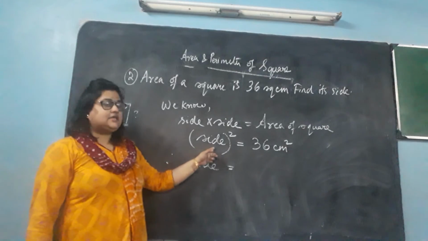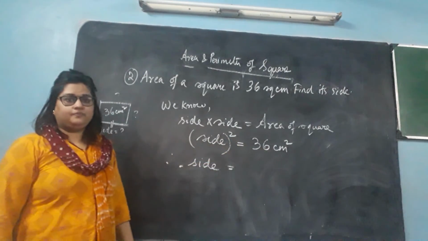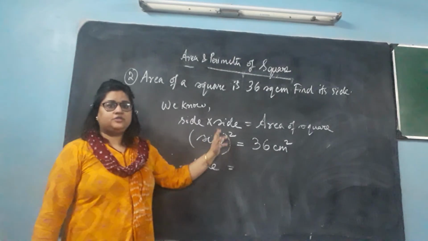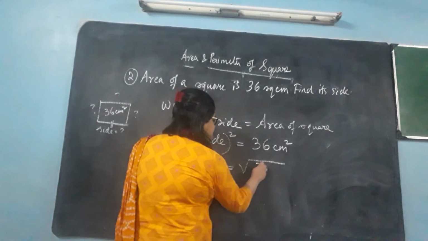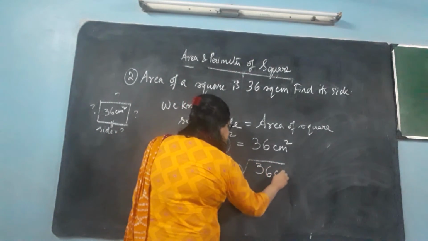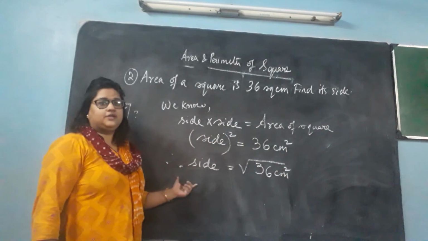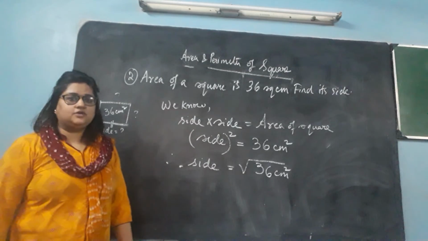Similarly, side square equals 36 centimeter square given, so side equals. The square part will change sides and this is known as square root of 36 centimeter square. If we solve this, we will get the measurement of the side.